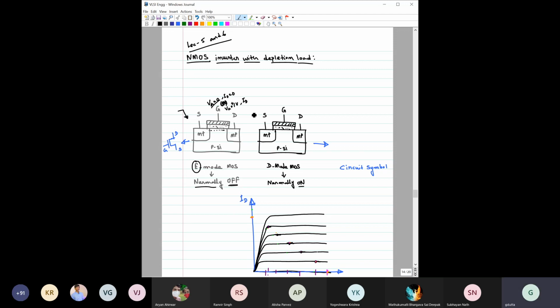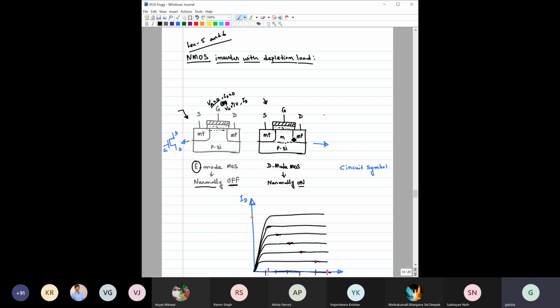But now you see for this type of transistor, we have made only a small change, between this N plus and N plus. Exactly the same thing, but here we have intentionally doped this region with N type.